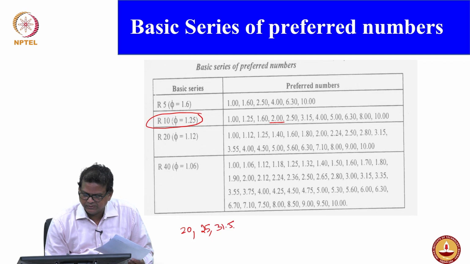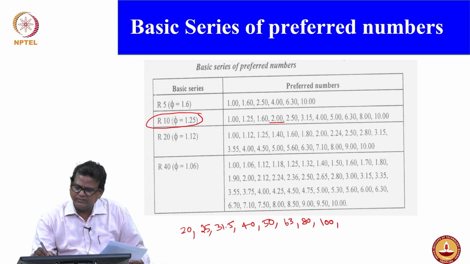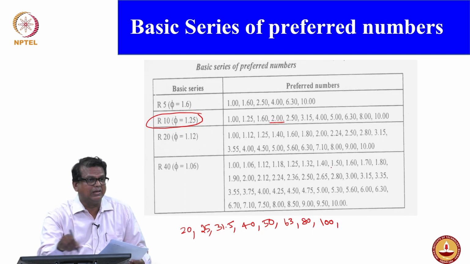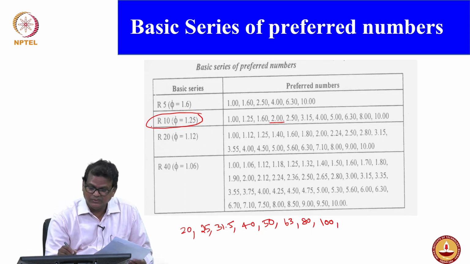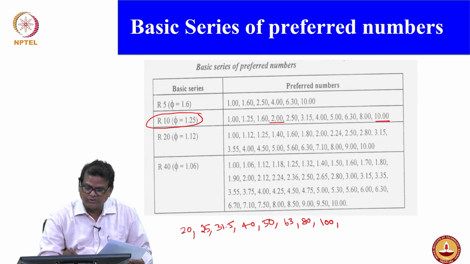31.5, 40, 50, 63, 80, 100. So it's over. What will you do now? It is cyclic. You can again come back to the front, because this is 100, so this will again be 100.